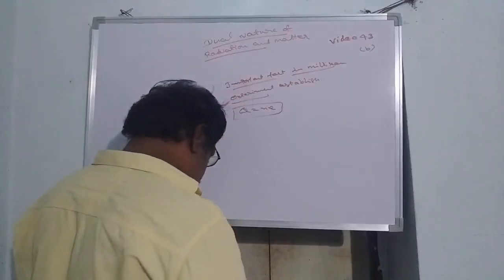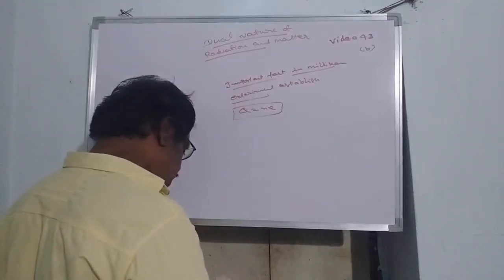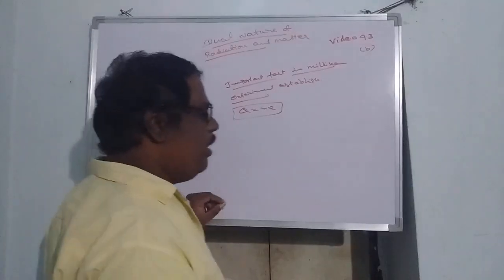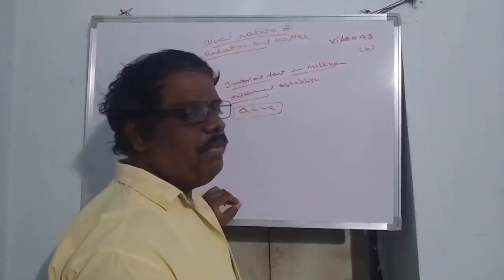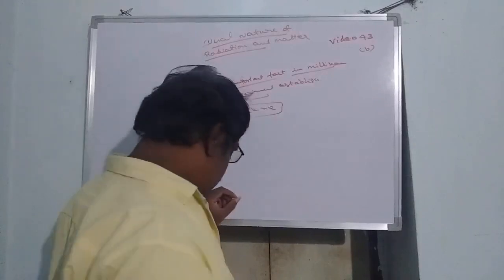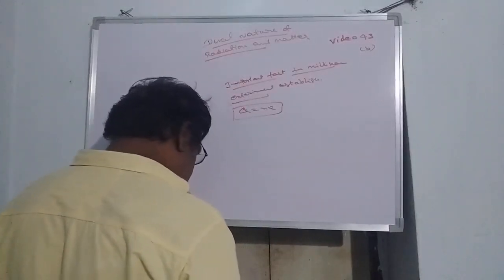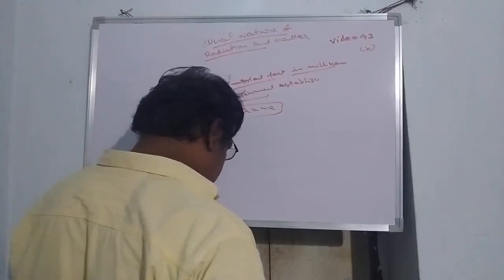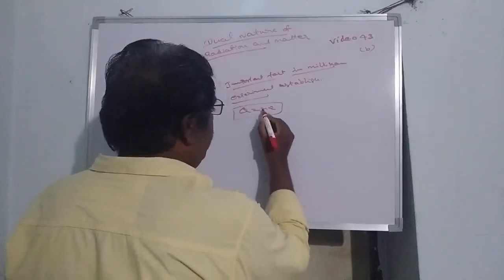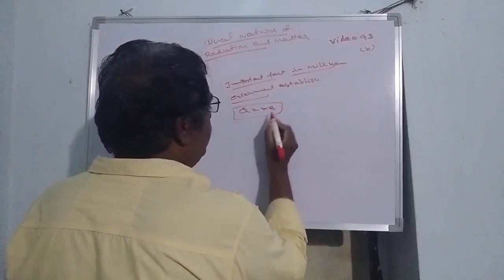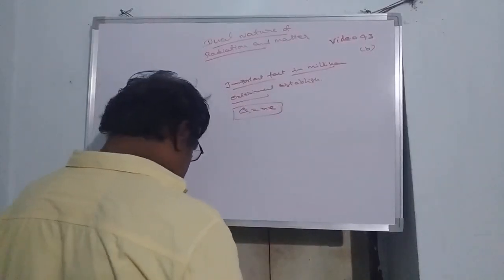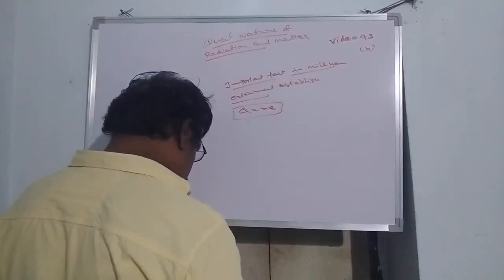What is the importance of this? The charge of any body, such as an oil drop, is always an integral multiple of the charge of an electron. Q is equal to Ne, where N is the number of electrons and e is the charge of the electron. So this is also for 2 marks.